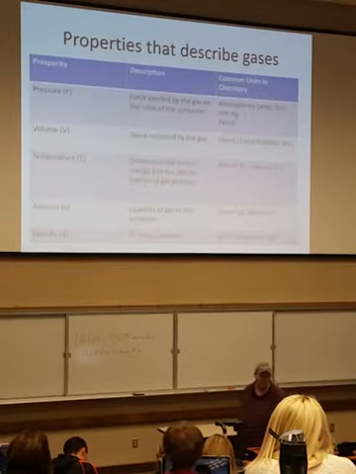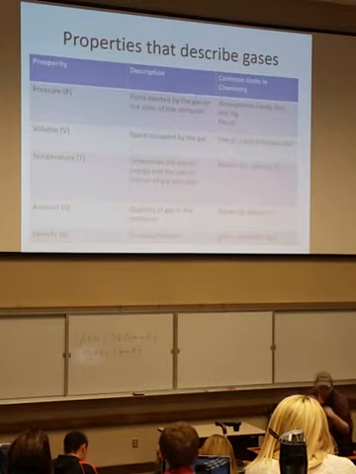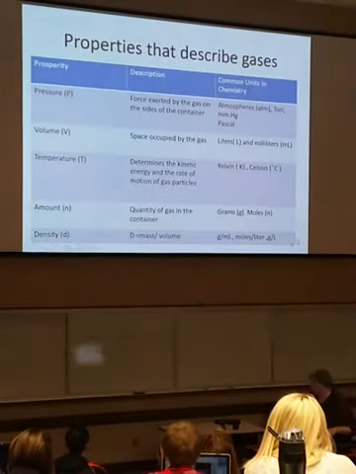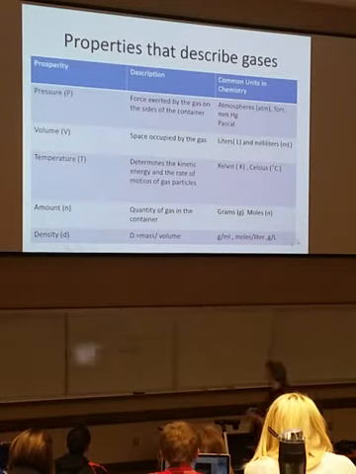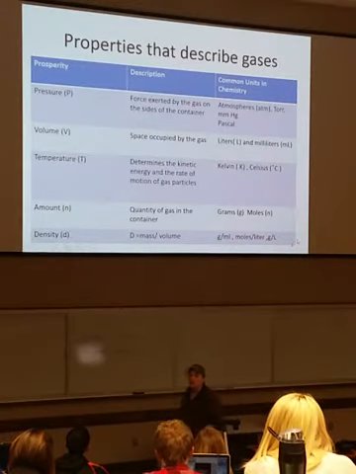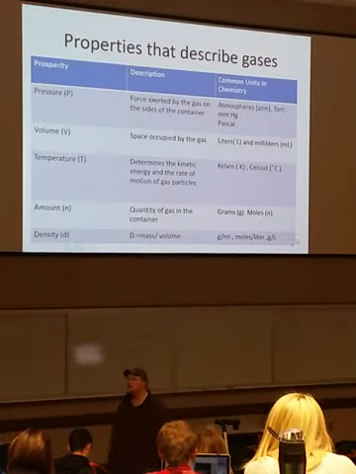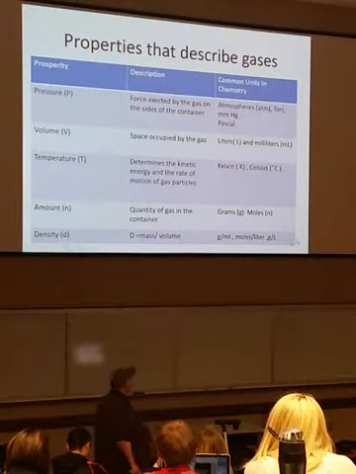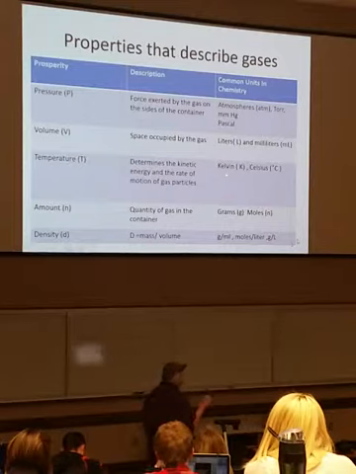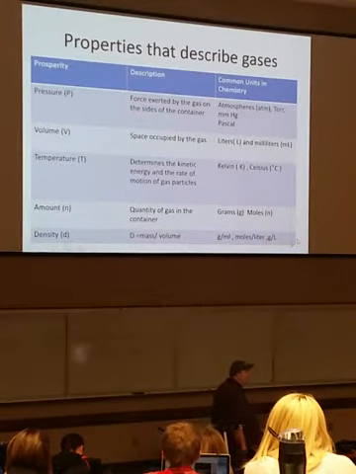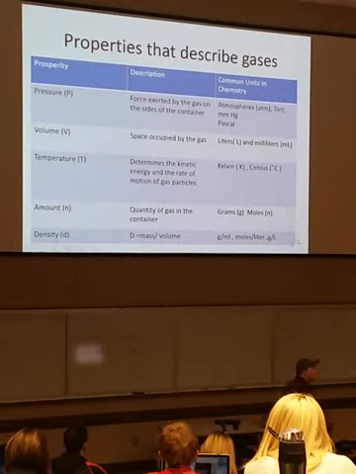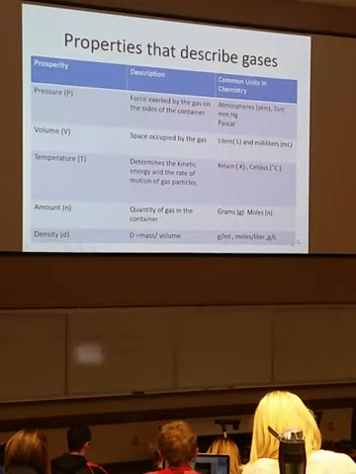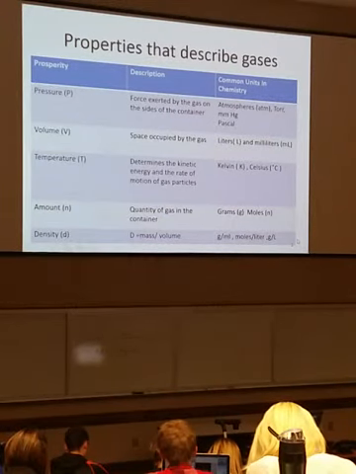And then we've got temperatures, which are going to be in Kelvin and Celsius. Okay? We measure in Celsius. That's what your thermometers are going to measure. But all gas calculations are done in Kelvin. You need to know that. All gas calculations are done in Kelvin. If you do a gas calculation in Celsius, you're wrong.